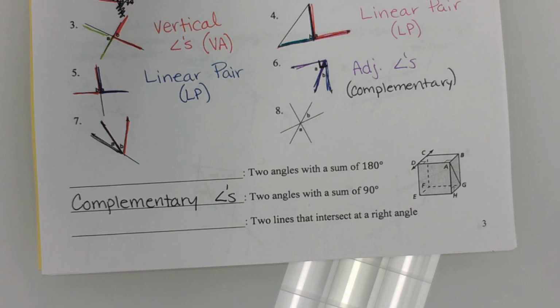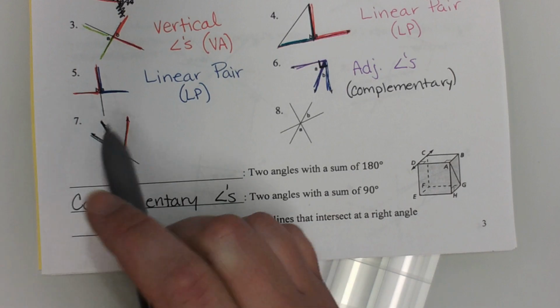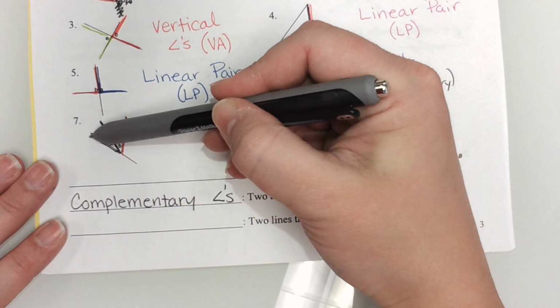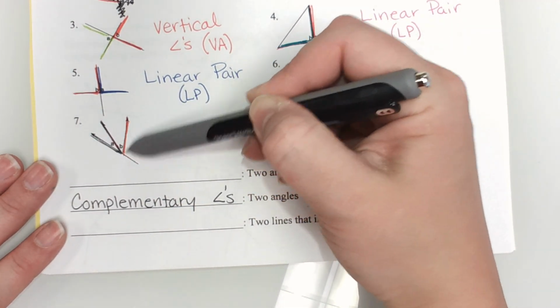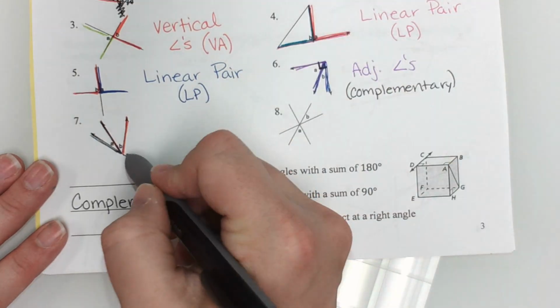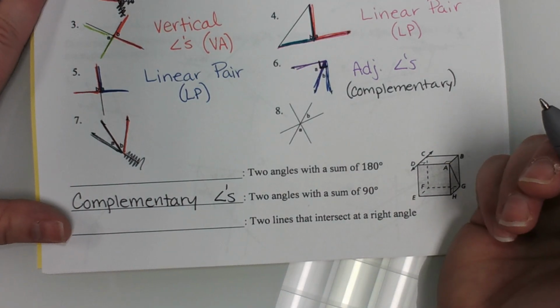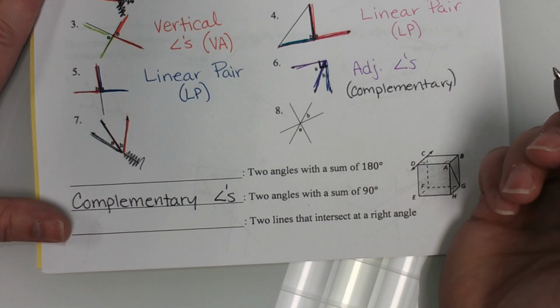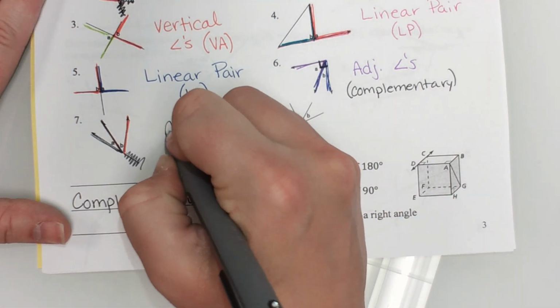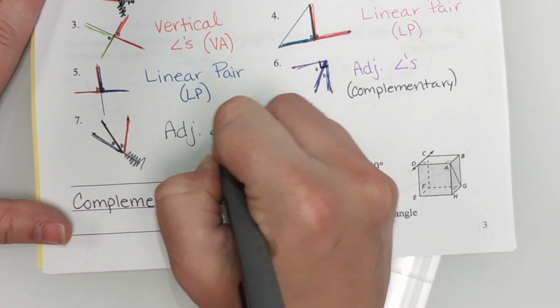When I say they make that straight line, I mean the two rays that are not the one they share. So I'm looking at this. Is this a straight line? No. There is a straight line here, but that's extra information. So they do not form a straight line, and if they don't form a straight line, but they are next to one another, they are adjacent angles.